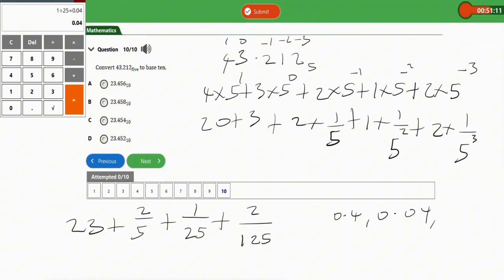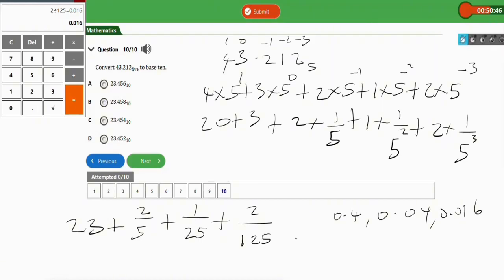Then lastly we're going to do 2 divide 125. Okay, so we have the output to be 0.016. So at this juncture, add everything together, it's going to be 23.